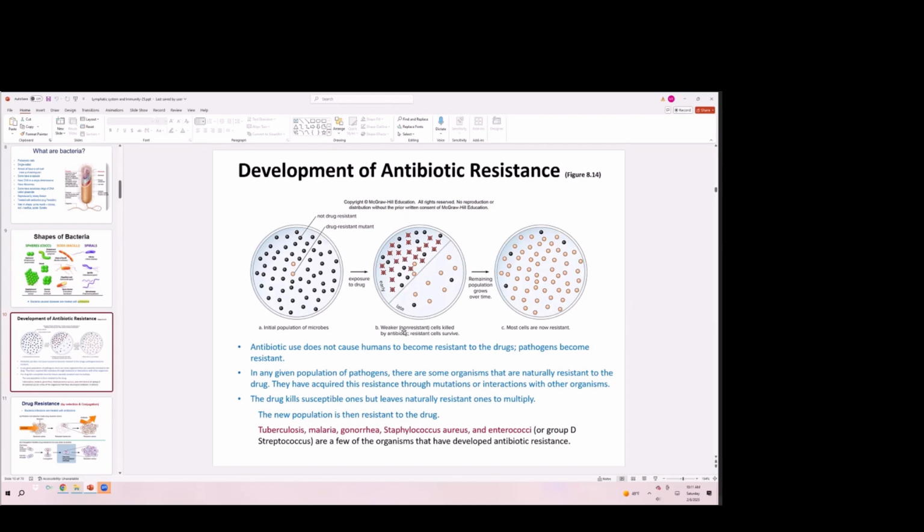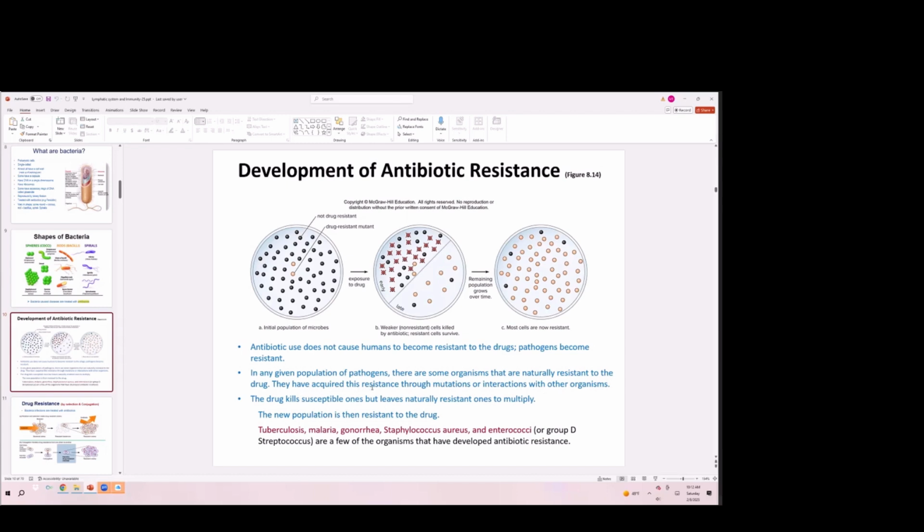So now, if you continue, or you stop taking your antibiotics, say at this point, these ones would grow and divide more. So imagine that in a given population of pathogens, there are some organisms that are naturally resistant to the drug.